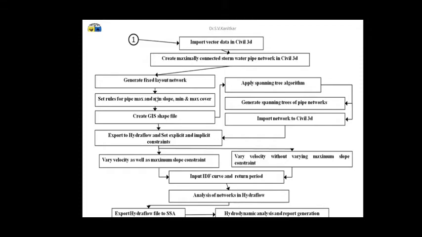Likewise, by setting limits, you can align the stormwater network in Civil 3D. You create a GIS shapefile of that, or a Civil 3D file in the form of DWG is also created. Now once this network is created, then you export this network.